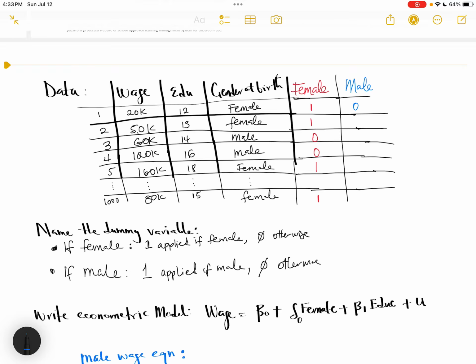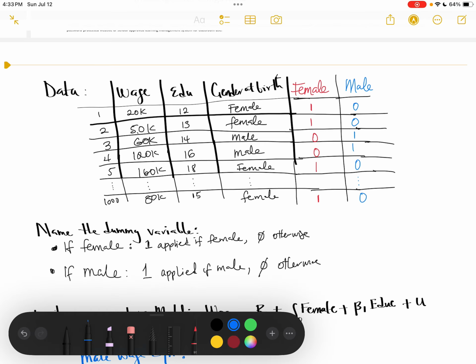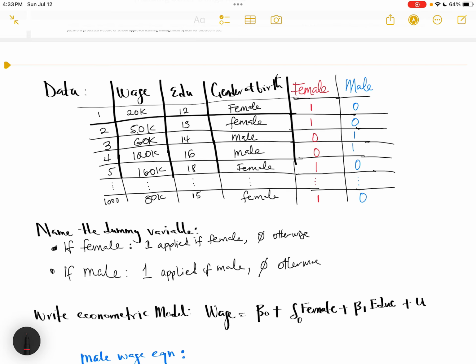In the first row it says female, so 0, 0, 1, 1, 0, 0. Right? So that's how to generate a dummy variable from the gender at birth column.